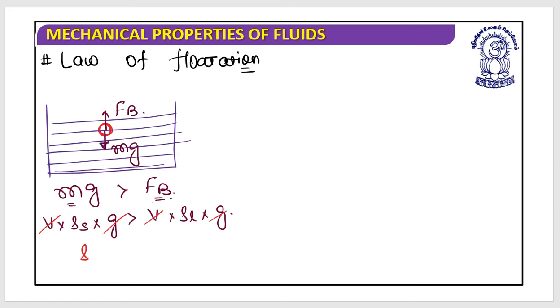So this is the situation where density of solid is greater than density of liquid, and if mg is greater than fb, the force of buoyancy, then this object will sink. This object will sink if density of solid is greater than density of liquid. I hope this is clear. So always remember this.